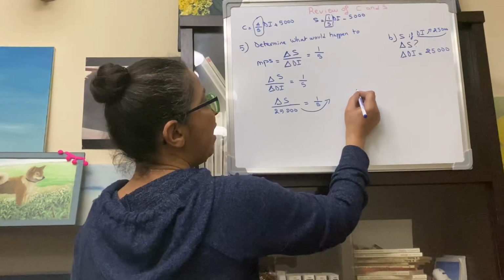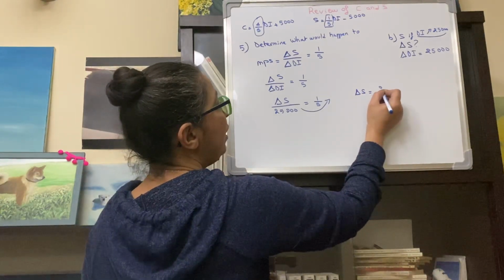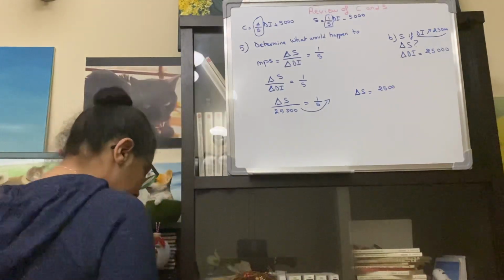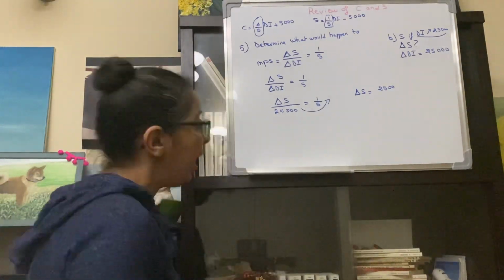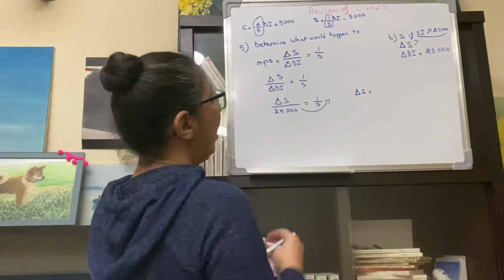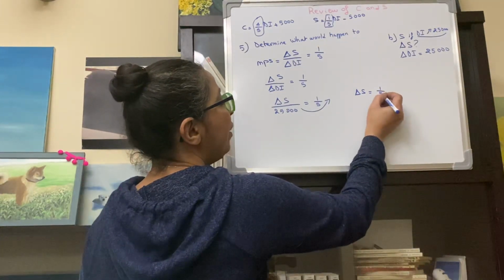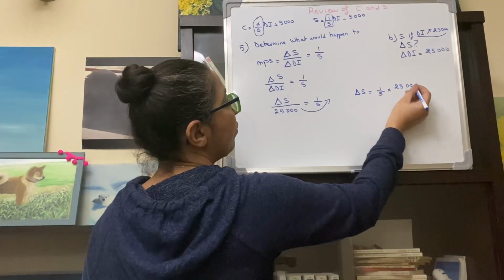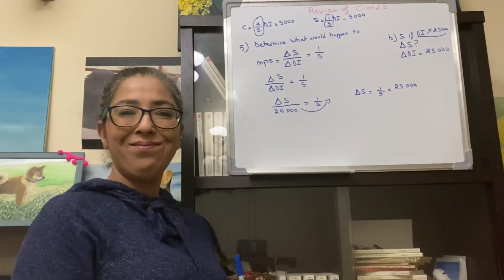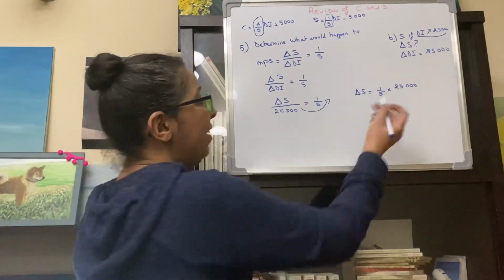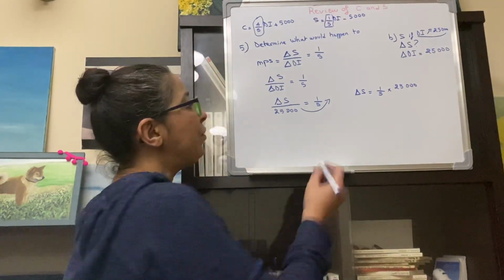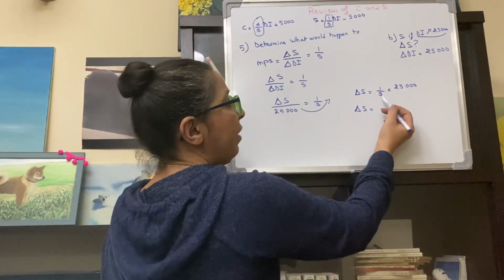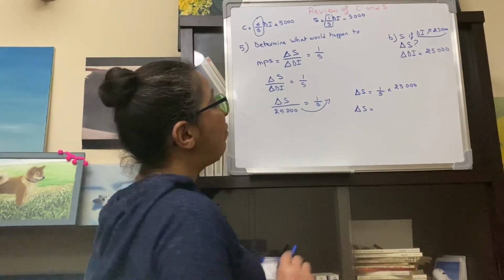So delta S is equal to 1/5 times 25,000. I'm going to start with 1/5 so that I don't lose you somewhere. Good? So I'm just going to divide by 5. Delta S is equal to 25,000 divided by 5. That's going to give you 5,000.